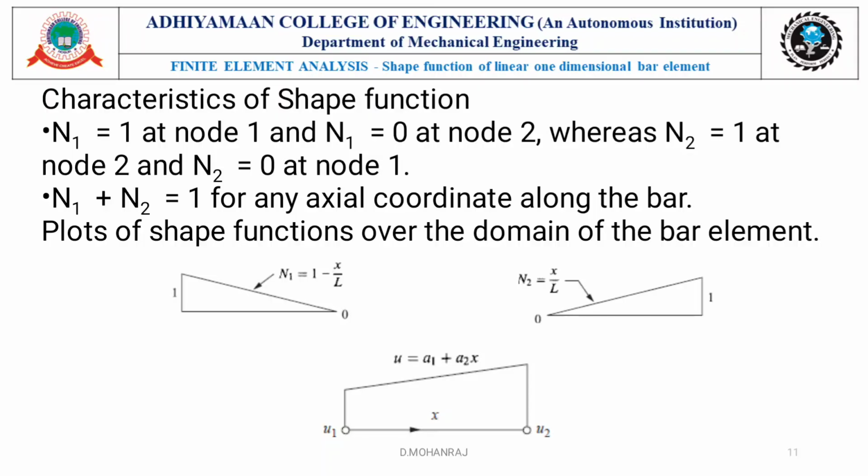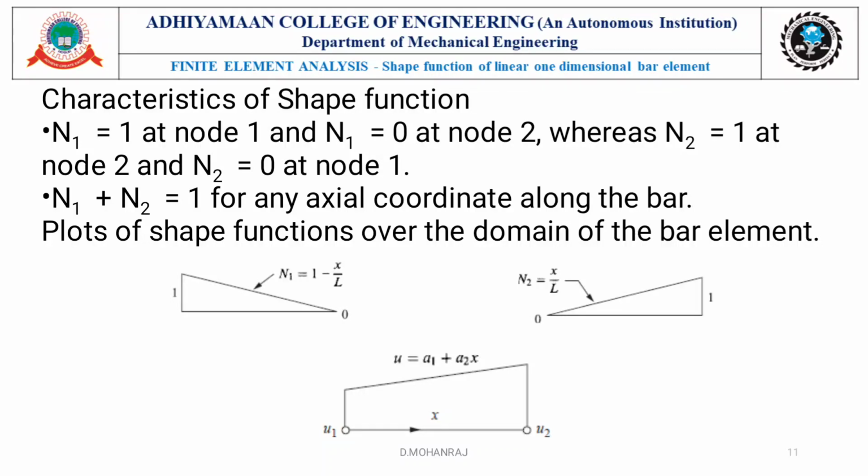And the plots of shape function over that domain of the bar element are shown below. In the first diagram, the shape function value is 1 at node 1 and it is 0 at the other node.